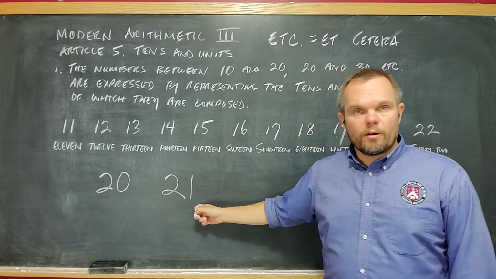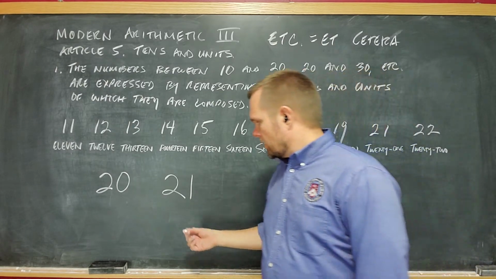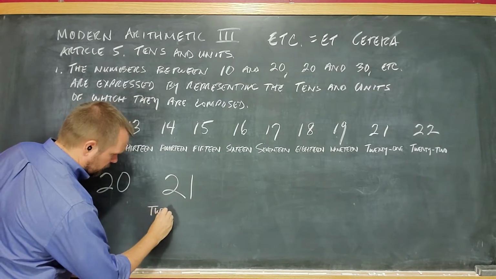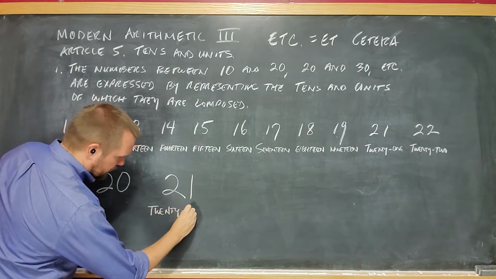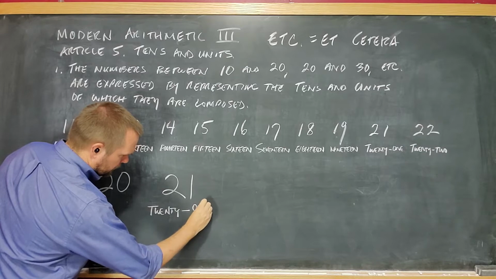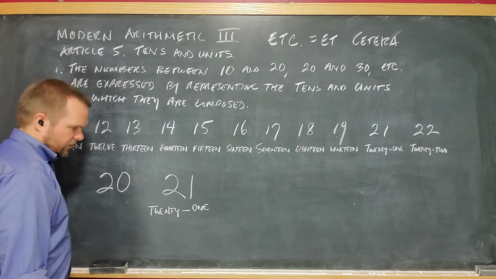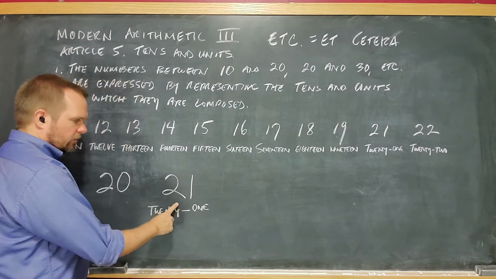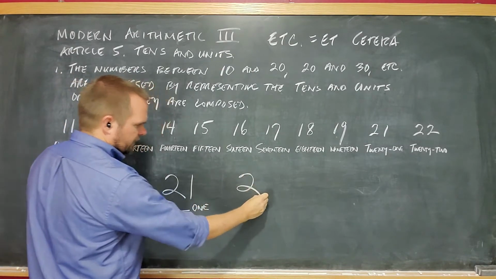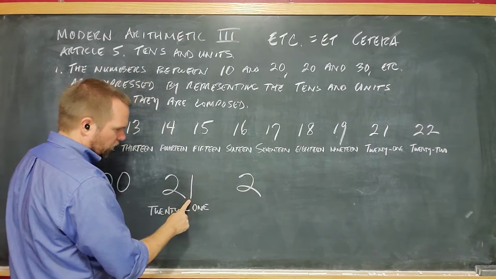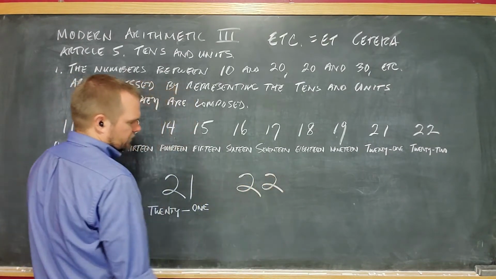To write this number with words, we simply write 20 dash 1, 21. If we want to add 1 unit more, we simply write 2 tens and 1 more unit will go from 1 to 2 units.